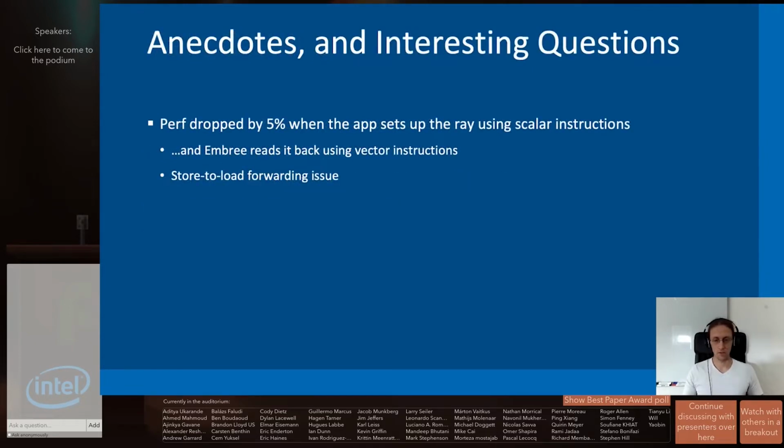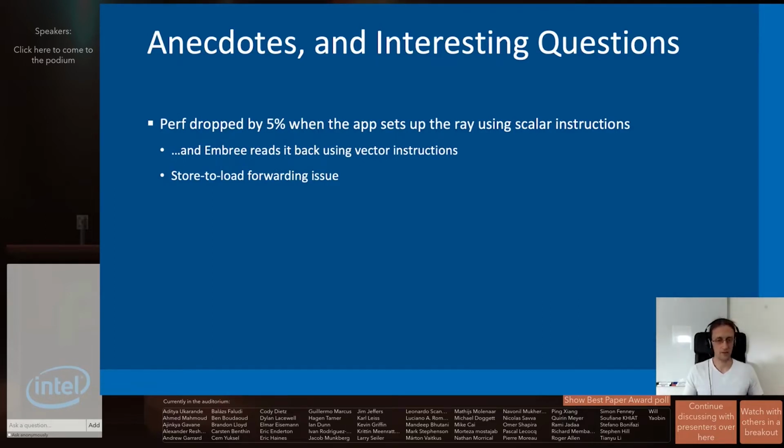Okay, for example, we had a customer who reported a sudden 5% performance drop when he set up rays for Embree using scalar instructions instead of SSE instructions. So you store your ray origin and your ray direction not with vector instructions to memory, but with scalar instructions. And as soon as the customer did that, the performance of the entire Embree dropped by 5%.